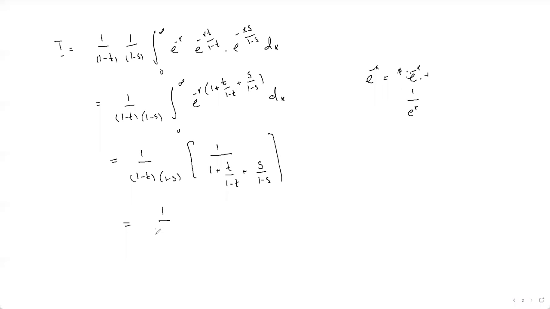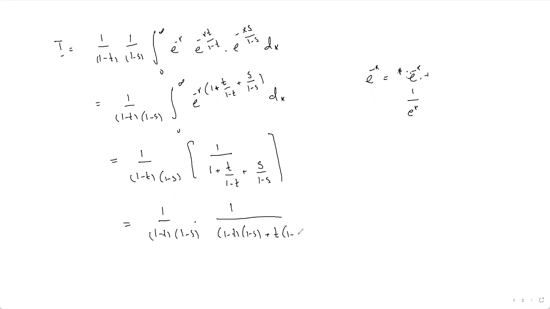I will write down this as 1 divided by 1 minus t into 1 minus s into, what I will do, I will multiply this throughout by 1 minus t into 1 minus s. So it will be 1 minus t into 1 minus s. Here it will be plus t, and 1 minus t will get cancelled out.